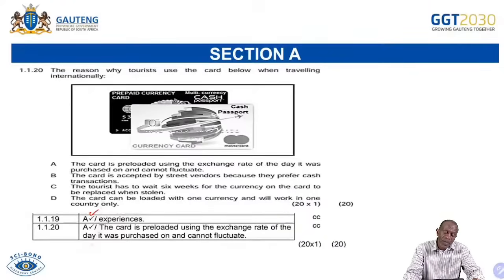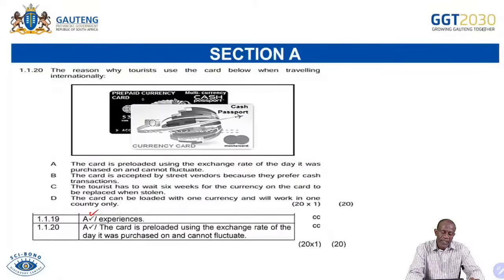1.1.20, the reason why tourists use the card below when traveling internationally. This one is the prepaid currency card or the cash passport. Number A says, the card is preloaded using the exchange rate of the day it was purchased on and cannot fluctuate.